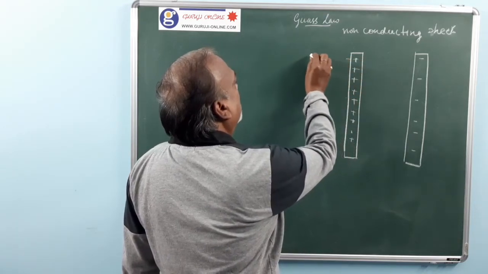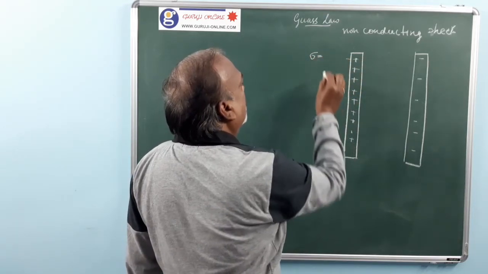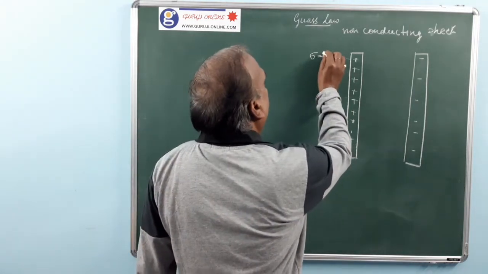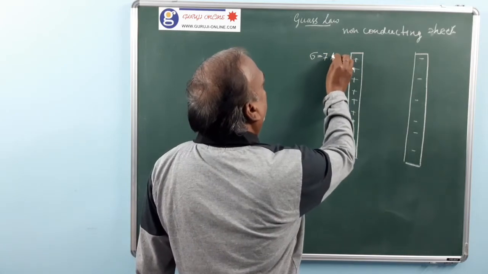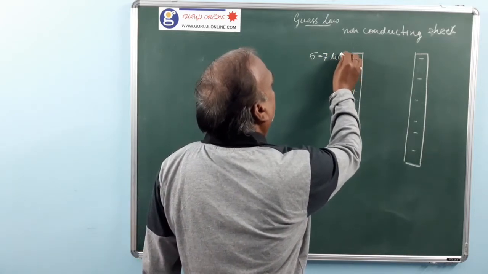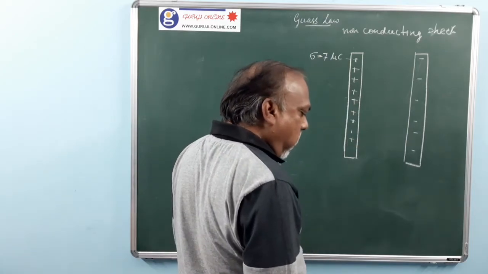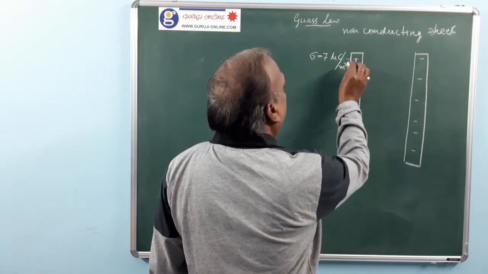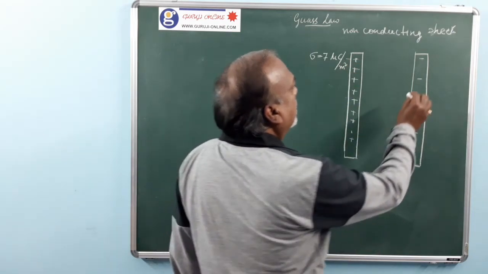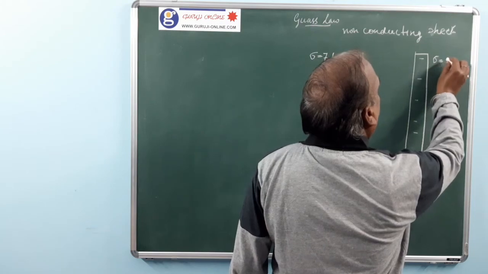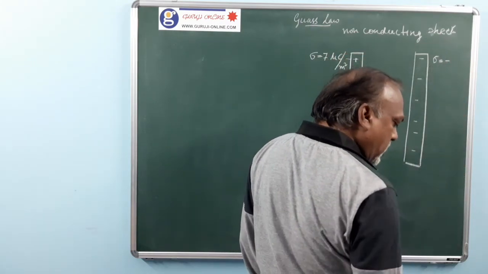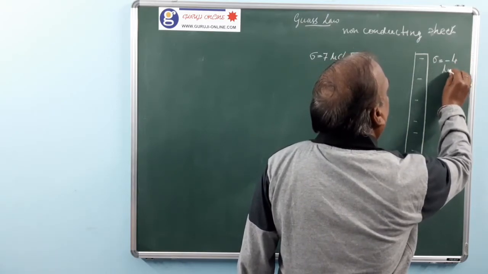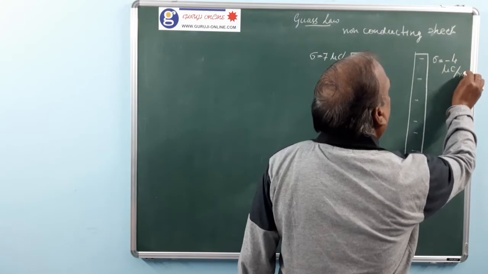Let us see, suppose this is having sigma, that is the charge density, equal to 7 microcoulomb per meter square, and this is having sigma minus 4 microcoulomb per meter square.